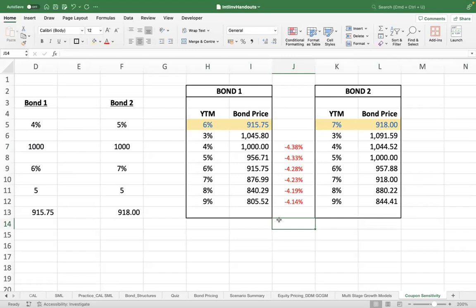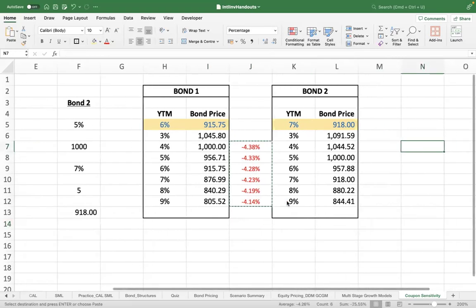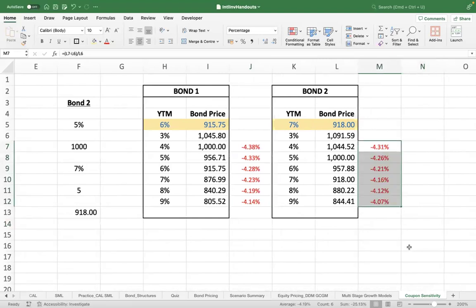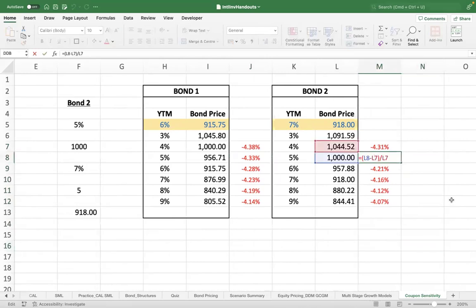We can do the same thing for bond 2 also. I just need to copy this formula and put it here. And I get, look here, these are the percentage changes for bond 2. Now, what do you observe in bond 1 and bond 2?